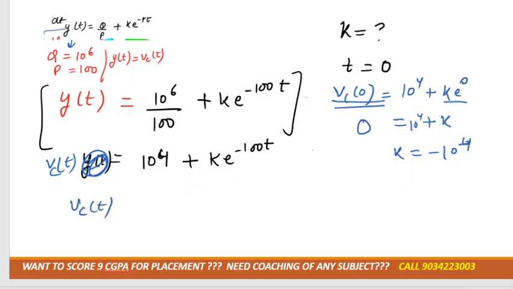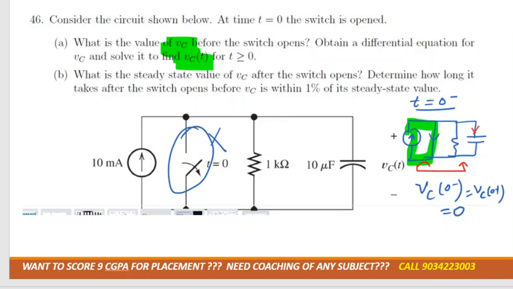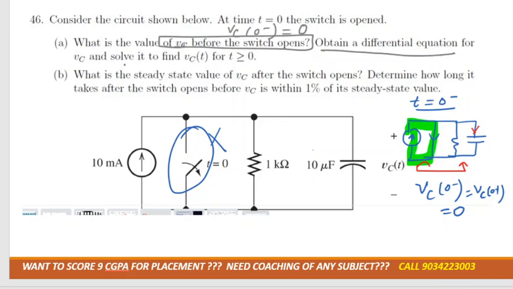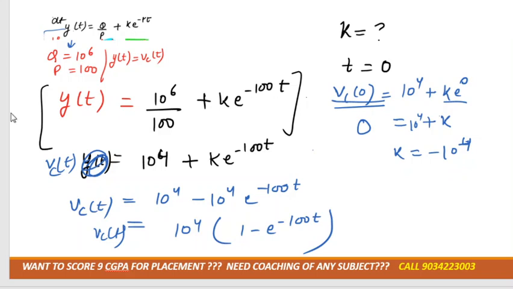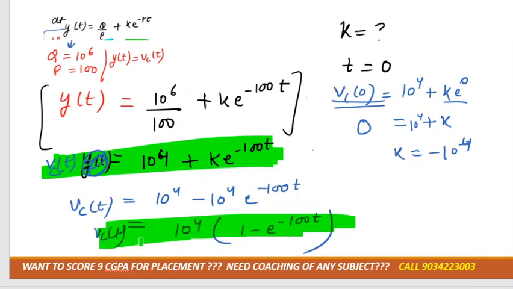Now tell me the final Vc of t. This is the final Vc of t. Now read the question, what they are asking. What is the value for Vc of t before the switch opens? Vc of 0 minus is 0. Obtain the differential equation for Vc of t. This is the differential equation for Vc of t, right?